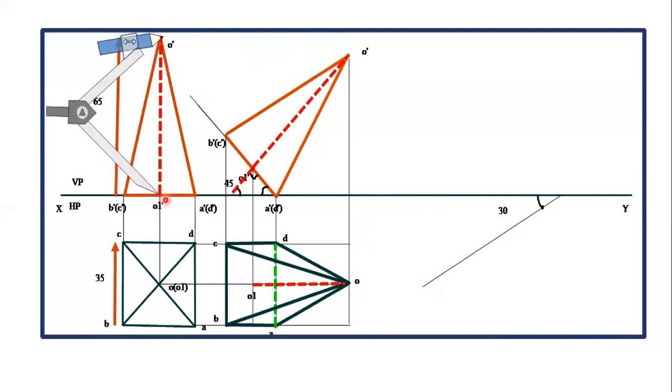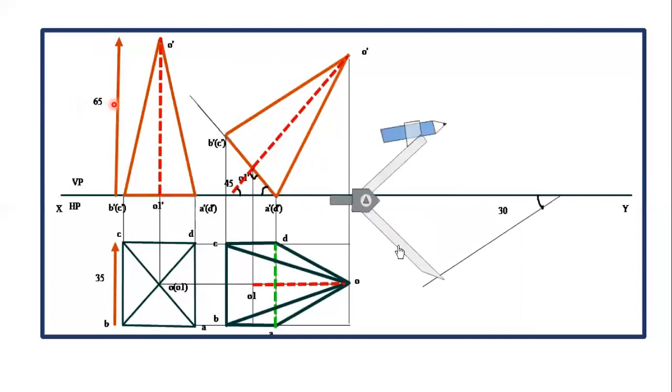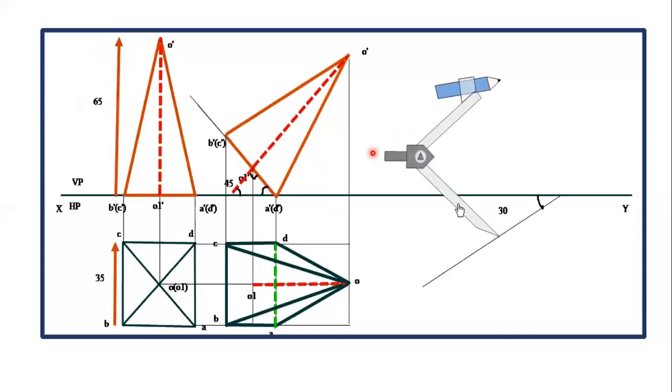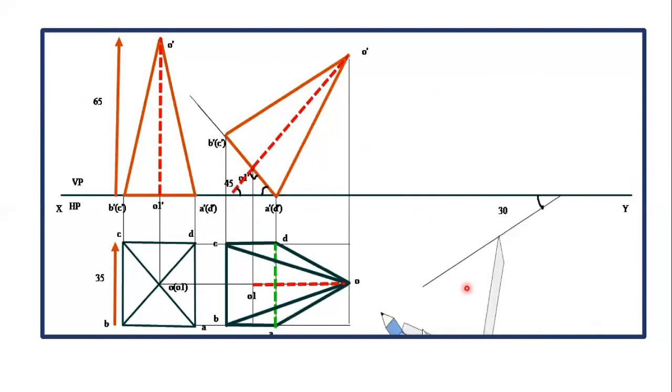So measure with a compass O1 dash to O dash from the first position. That is the true length of the axis. And mark it anywhere on the 30-degree inclination line. Measure O1 dash to O dash from the first position, mark it on the inclination line and write the locus.